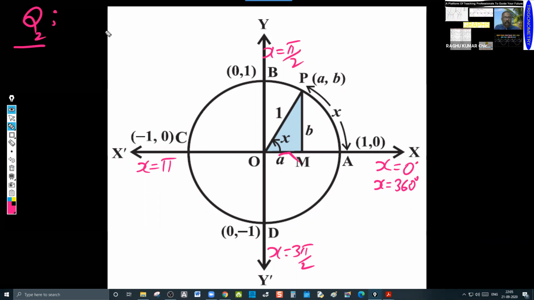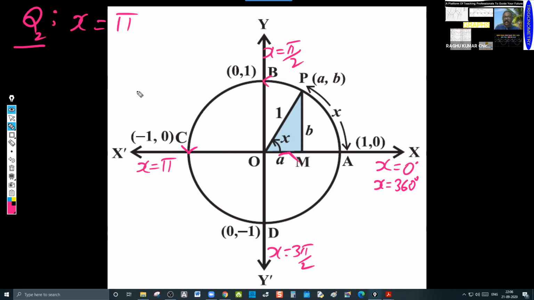Quadrant 2, you tell me the quadrant angle of quadrant 2, please. It lies between pi by 2 and pi. Don't forget that. Pi by 2 we did already. Now moving on to this point here, that becomes pi. Correct or not? So up to this, it is pi by 2.